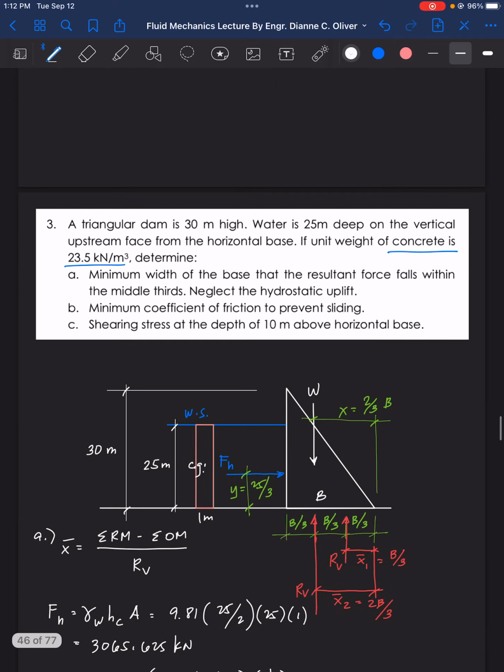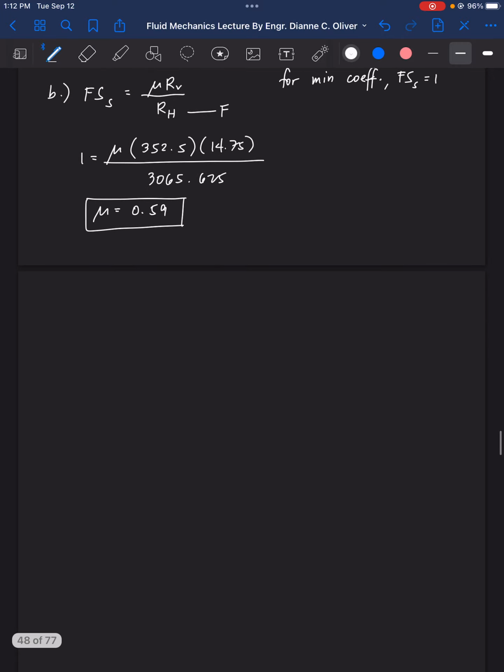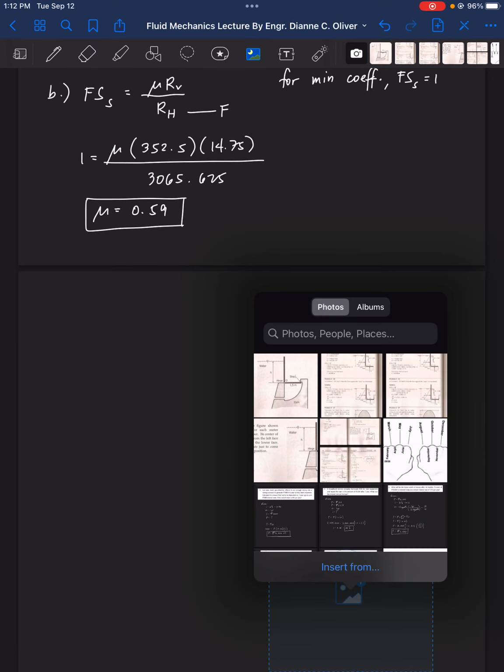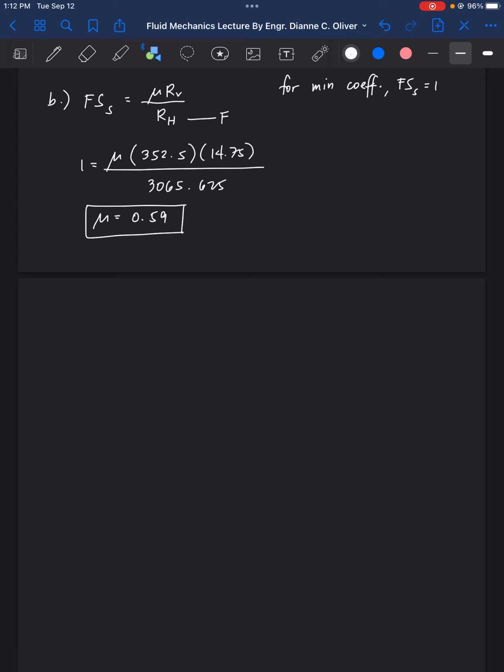So letter C, shearing stress at the depth of 10 meters above the horizontal base. So we have here the dam, okay?